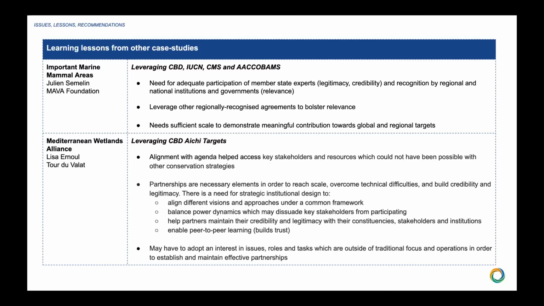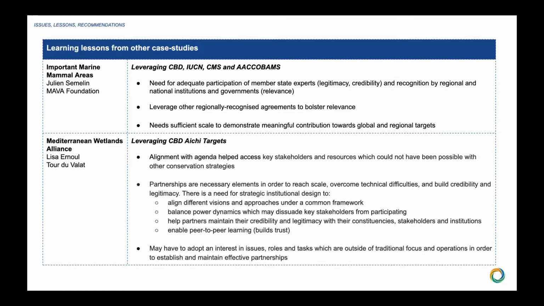So those were their agendas that they used to conduct their work. And the other case study was by Tour du Valat of the Mediterranean Wetlands Alliance, and they leveraged the Convention on Biological Diversity to advance the conservation of wetlands within the Mediterranean basin.